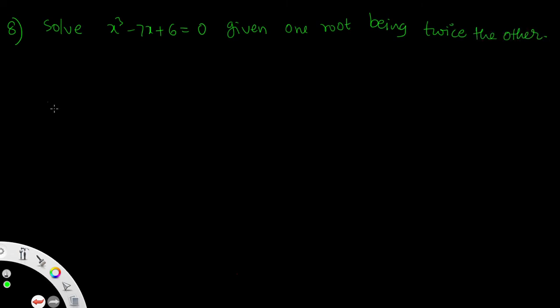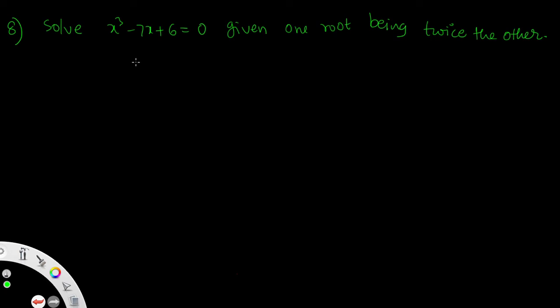The number of roots of the given equation depends on the degree of the equation. The degree here is 3. So let the roots be of the form alpha, beta and gamma.